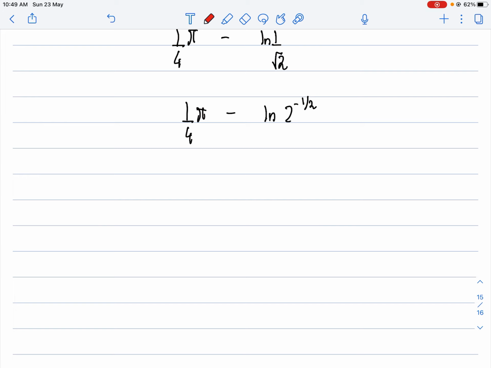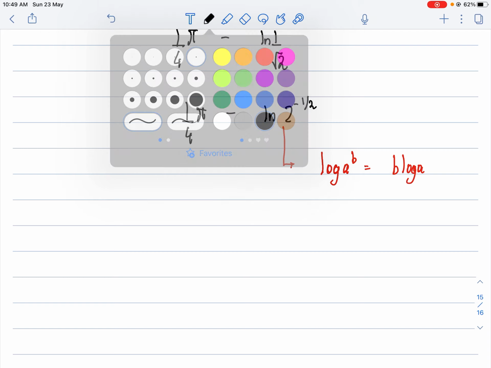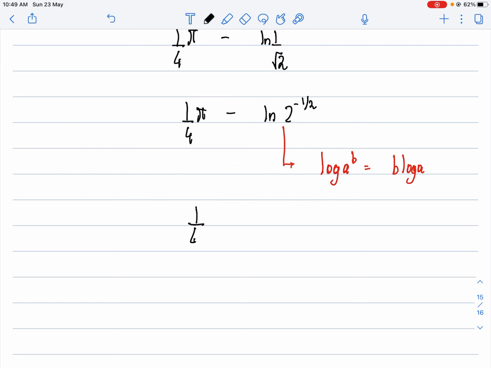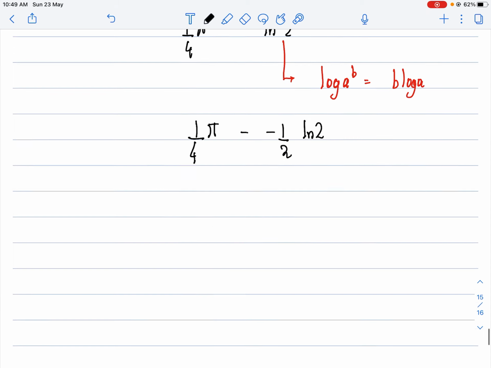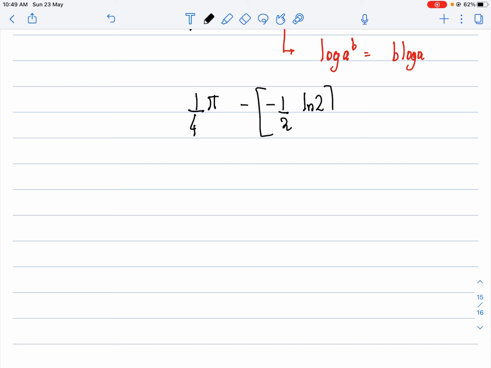So now a log property comes into play, which is log a raised to b can be written as b log a. Got it? So I can simply write this as 1 over 4 pi minus of minus 1 over 2 ln 2. So I can write this as 1 over 4 pi plus 1 over 2 ln 2.